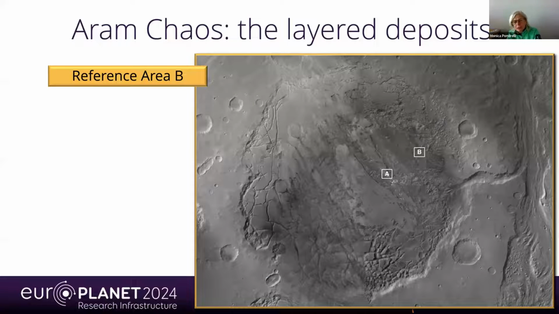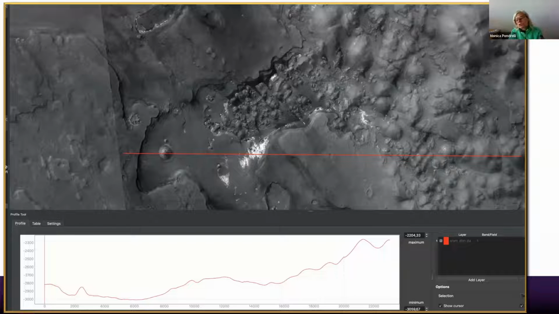Then let's move to the reference area B, this one. This is just a screenshot, very quick and dirty, with a topographic section, which is reported here, just to give you an idea of the scale, especially for the people who were not at the practical activity yesterday.